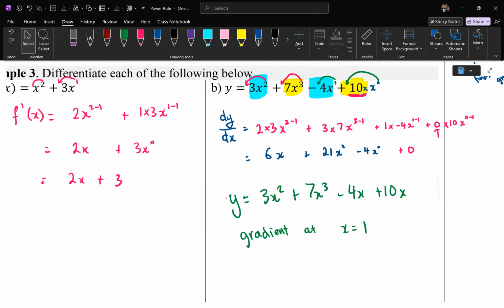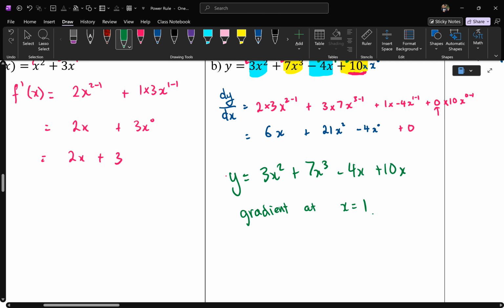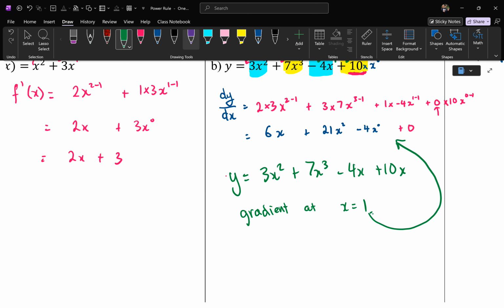What you would have to do now is sub 1 into the derivative to find the gradient. Now, if we sub 1 into the derivative, what would you get? 6 times 1 plus 21 times 1 squared minus 4 times 1 to the power of 0. 6 plus 21, take away 4.